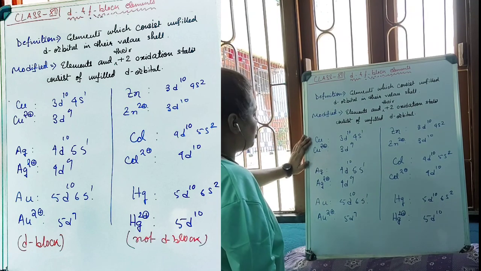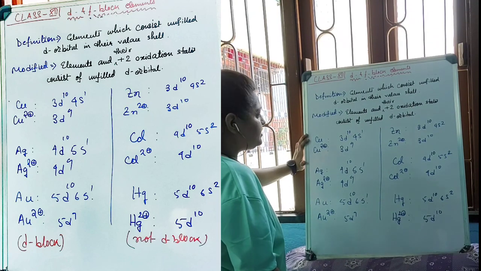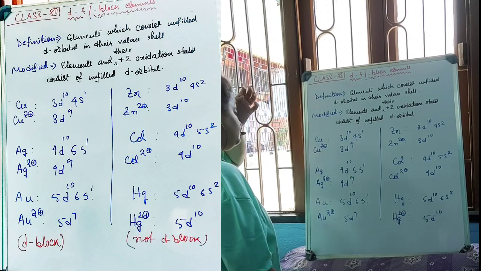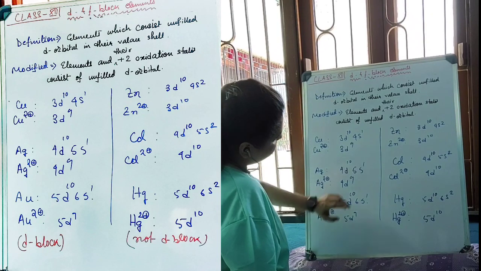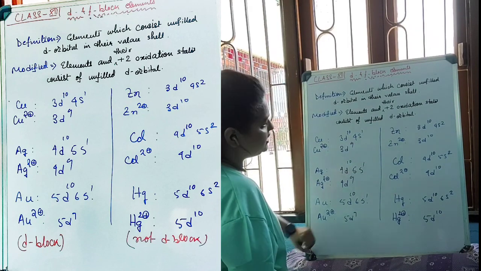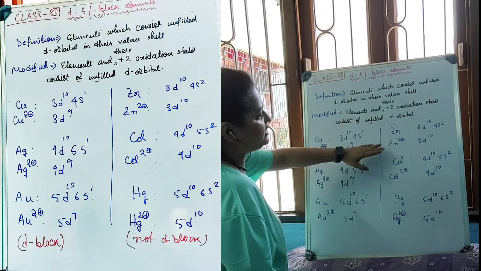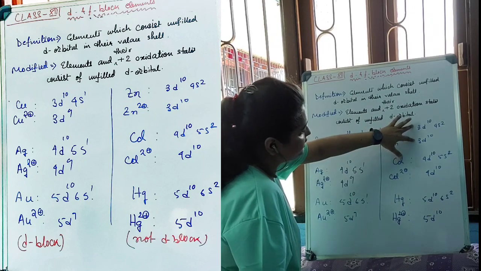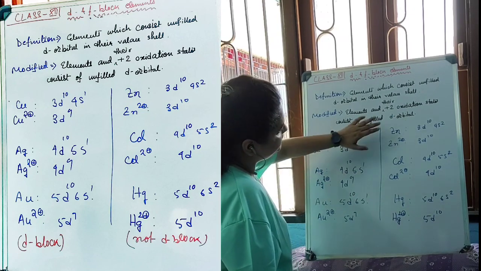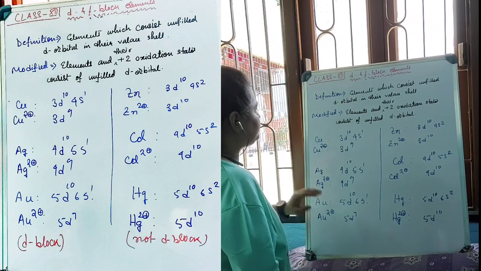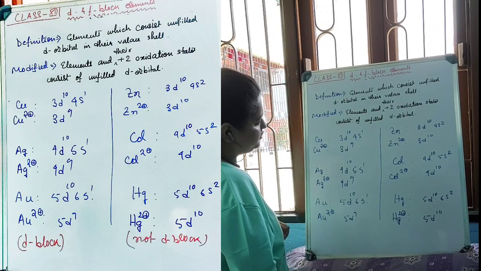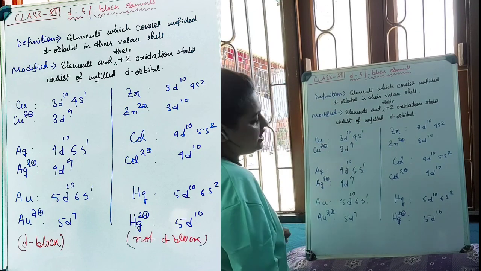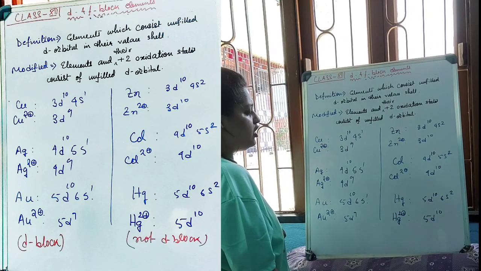Therefore, by the modified definition, copper is considered to be a d block element, but zinc, cadmium and mercury, in both their neutral form and their +2 oxidation state, have a fully filled d orbital. That's why in the modern modified definition of d block elements, zinc, cadmium and mercury are not considered to be d block elements.